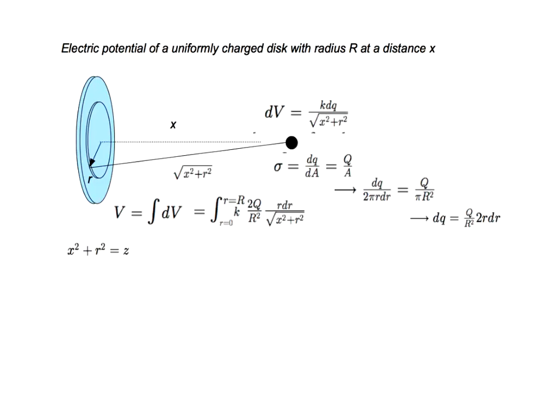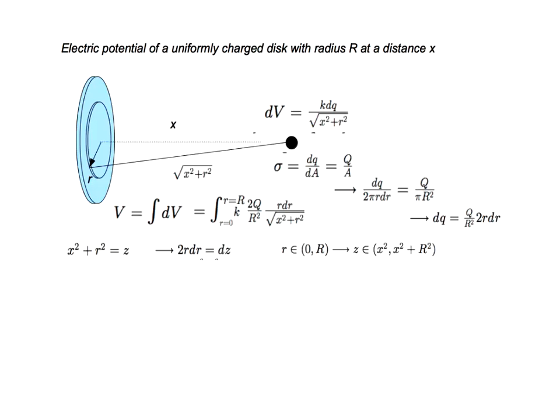We replace x squared plus r squared with the new variable z, and quickly we can see that 2r dr is actually equal to dz, and the new limits. We can figure out the new limits by looking at the little r, which is our original variable, as it goes from 0 to big R, the radius of the disk.